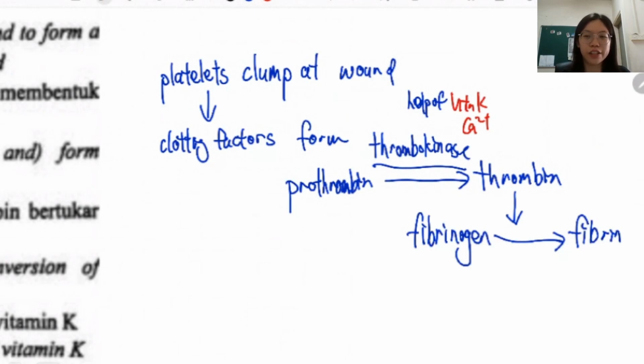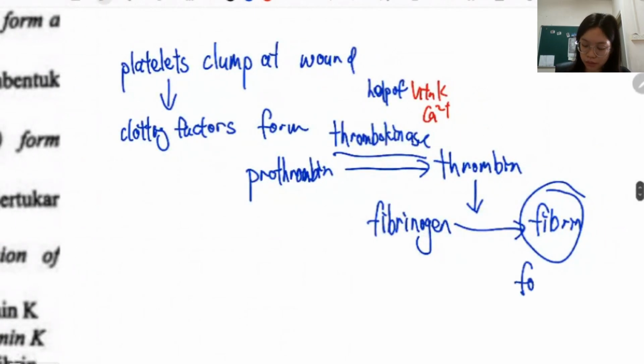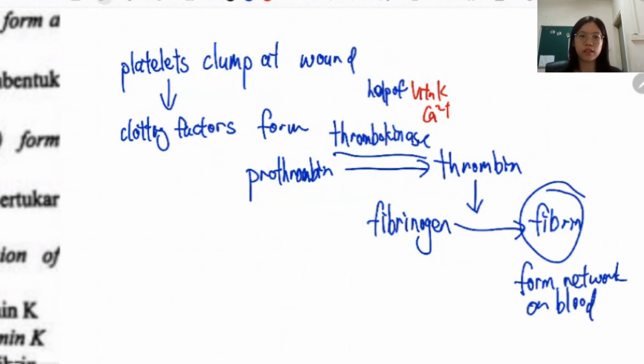This one is the last already, no more another process. Finally, this fibrin is the one that will form a network on the wound, like a spider net, to prevent the red blood cells from escaping.